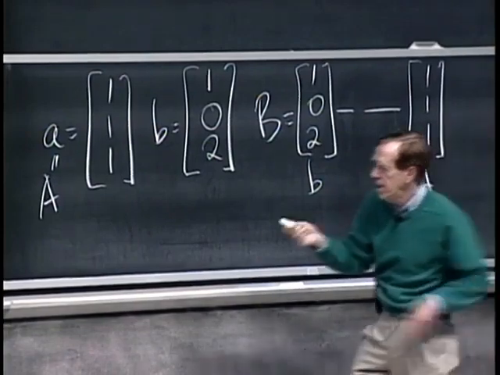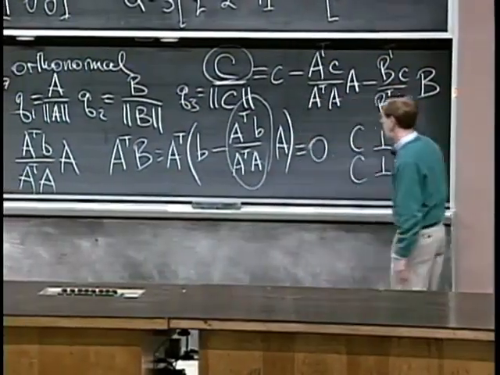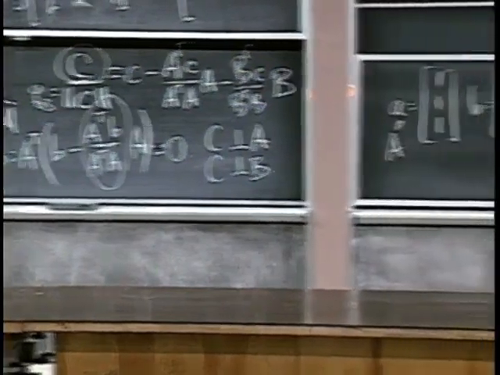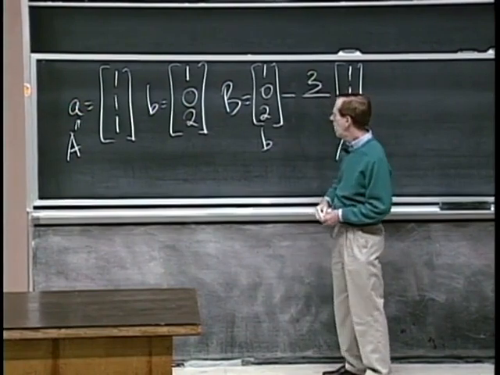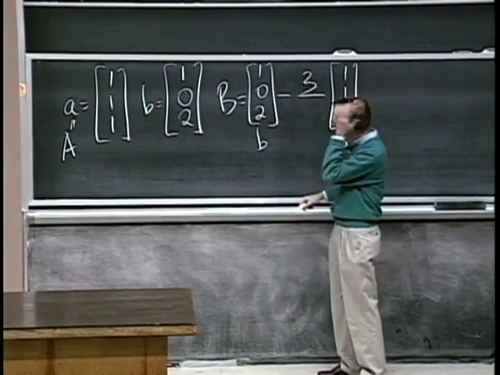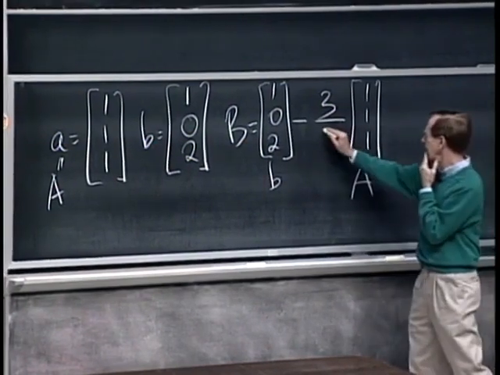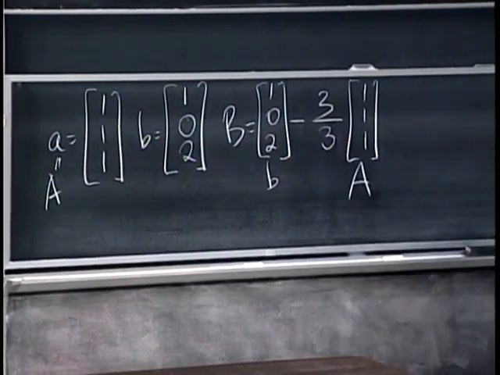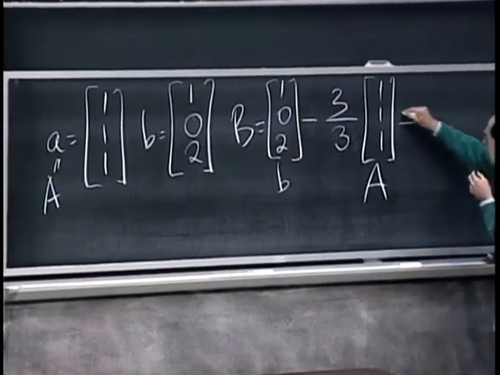Oh, here's my ratio. I'm just doing this. So it's A transpose B. What is A transpose B? It looks like 3. And what is A, oh my, what's A transpose A? 3. I'm sorry. I didn't know that was going to happen. Okay, but it happened.